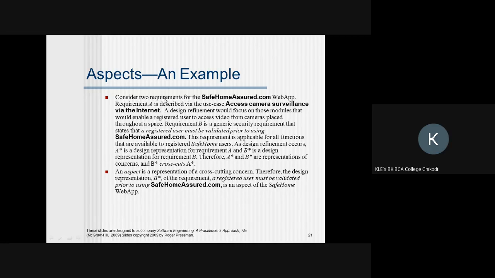Consider the requirements for the SafeHome Assured web application. Requirement A is described via the use case access camera surveillance via the internet. A design refinement would focus on those modules that would enable a registered user to access video from the cameras placed throughout a space.